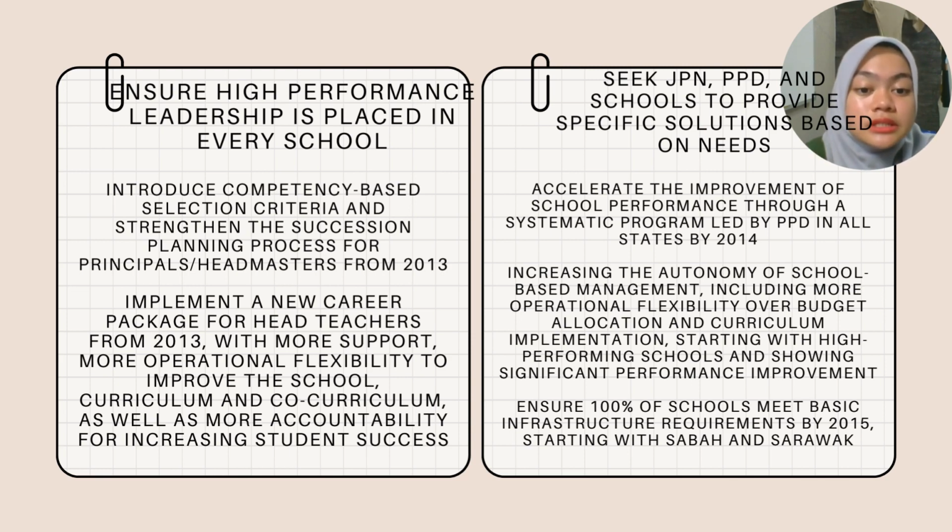It is increasing the autonomy of school-based management, including more operational flexibility over budget allocation and curriculum implementation, starting with high-performing schools and showing significant performance improvement. It is also to ensure 100% of schools meet basic infrastructure requirements by 2015, starting with Sabah and Sarawak.